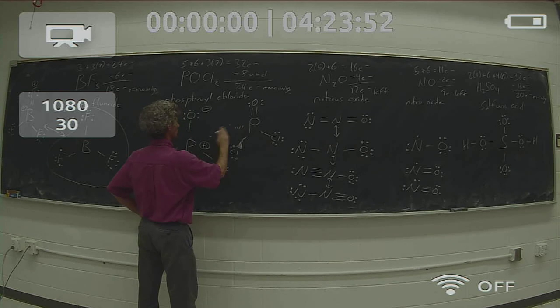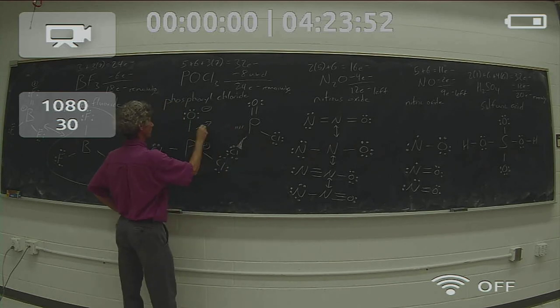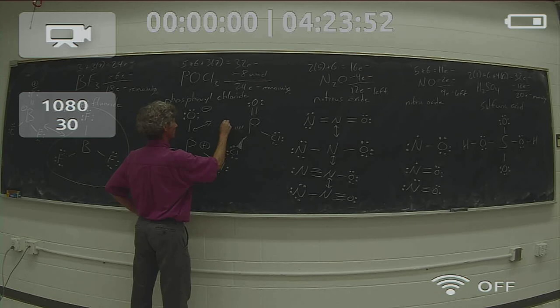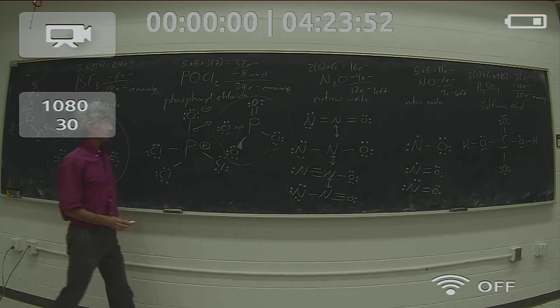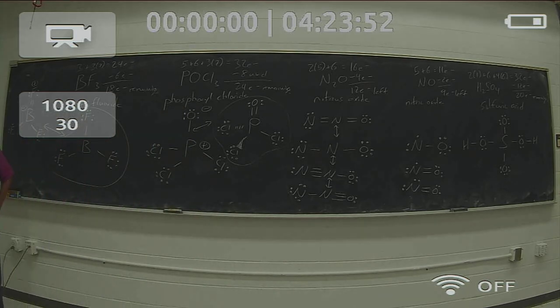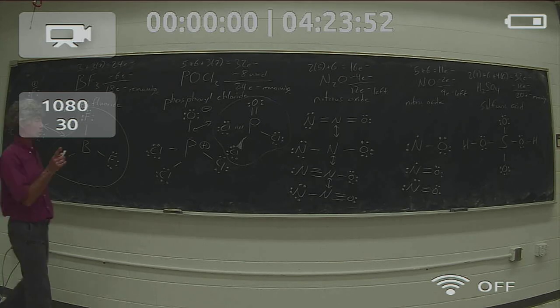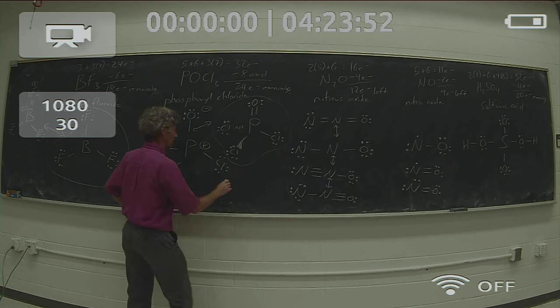So you can't do it with nitrogen, you can't do it with fluorine, you can't do it with carbon. You can't do it with phosphorus. The better Lewis structure for phosphoryl chloride is the one with the pi bond to oxygen, because that now leaves the phosphorus with no formal charge. It has 5 electrons, that's how many it brought. So the better structure is the expanded octet.